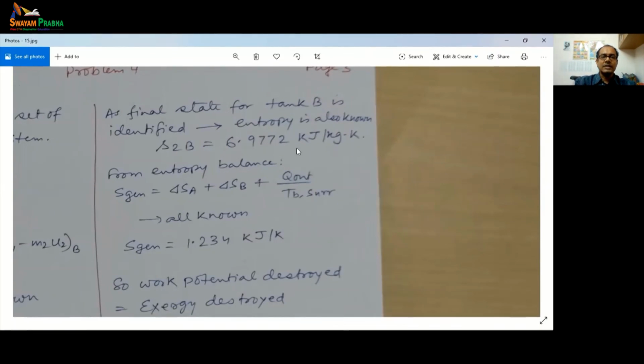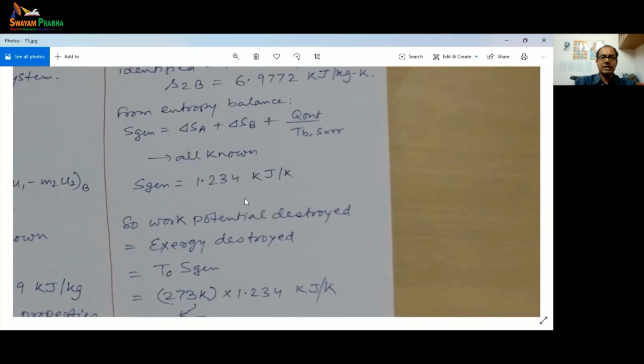Now the final state we also completely know, so we know the entropy. So now we can do the entropy balance, and the entropy generated will be delta SA plus delta SB plus Q out divided by T surrounding. This is the system entropy change, and this is what is going out in the form of heat.